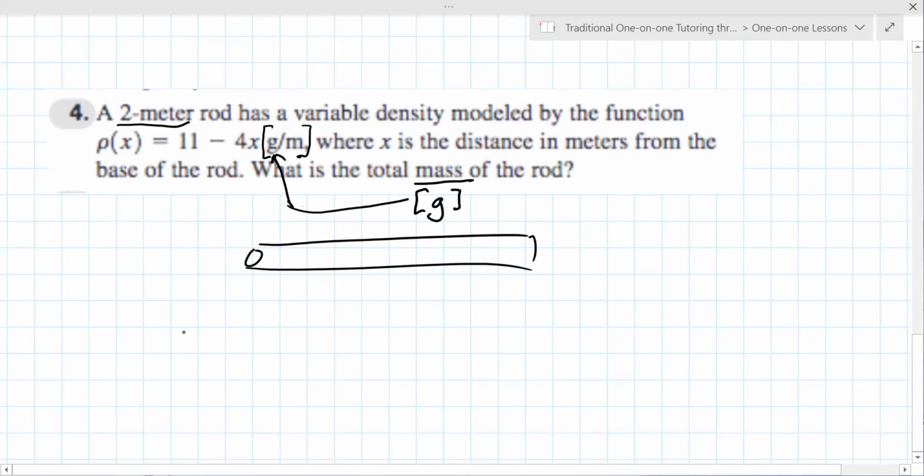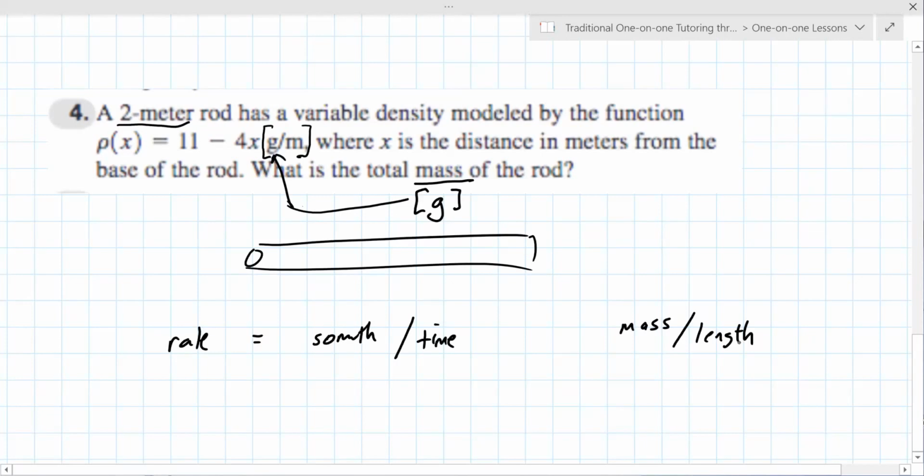So the rate, and you're used to rates being something per unit time. They don't have to be. In this case, it's mass per unit length. So a rate more generally is something per something.